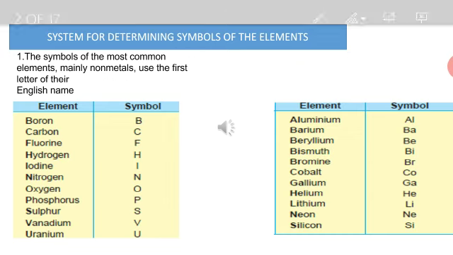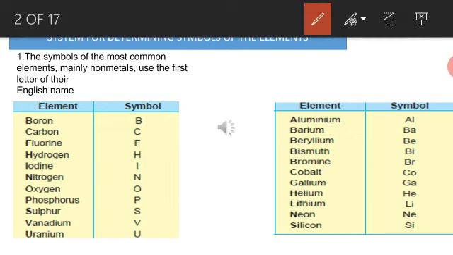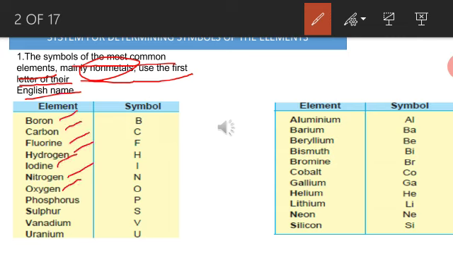First, he took the symbols of the most common elements, mainly non-metals, using the first letter of their English name. The non-metals are boron, carbon, fluorine, hydrogen, iodine, nitrogen, oxygen, phosphorus, sulfur, vanadium, uranium.